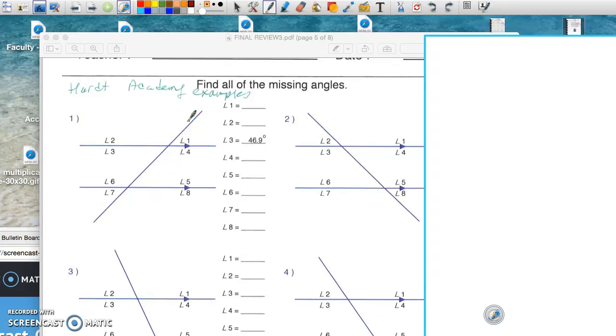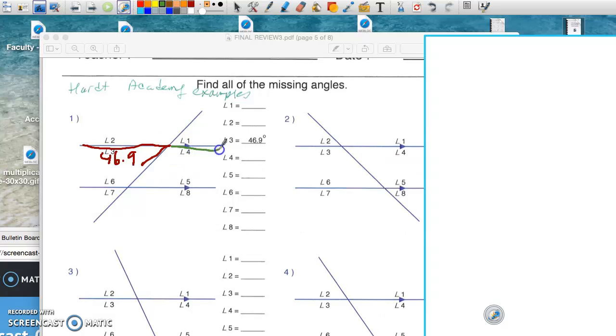First, let's start with the angle that it gives us. Angle 3. This is angle 3. It's saying angle 3 is 46.9 degrees. Great. As long as you have one angle, you can figure out the rest. Why? Easy. Look what angle 3 is connected to.